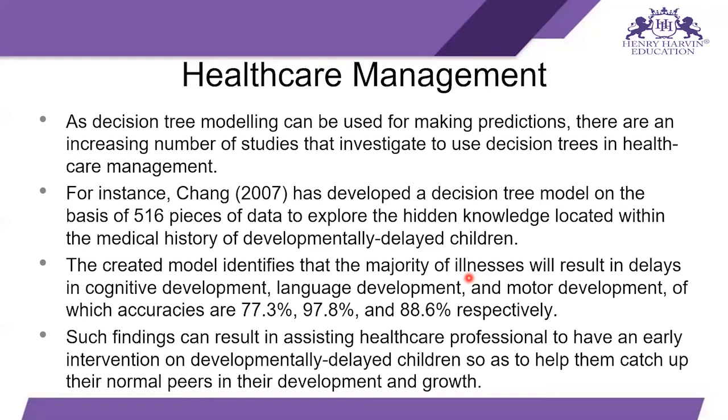Like 77% of children won't get delayed in cognitive development, and 97% of children won't get delays in language development, and 88.6% of children won't get delayed in motor development. So decision tree is also very helpful in this healthcare management.